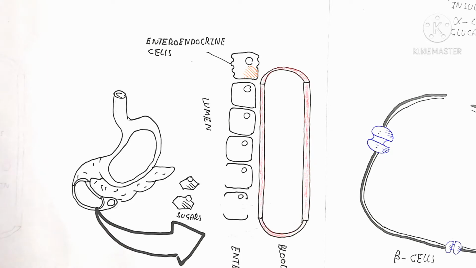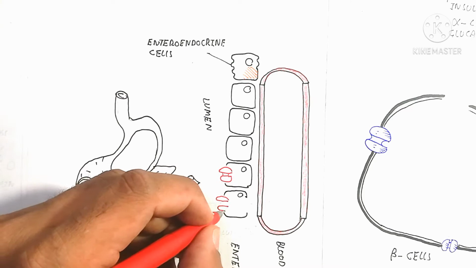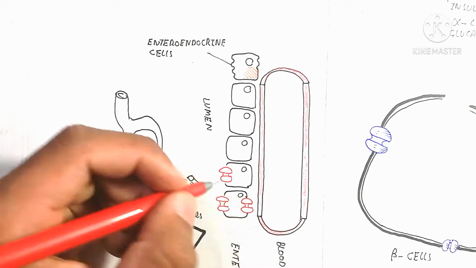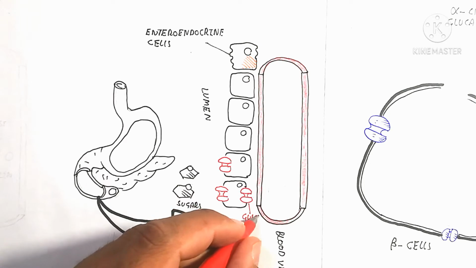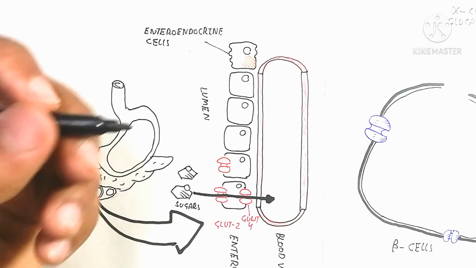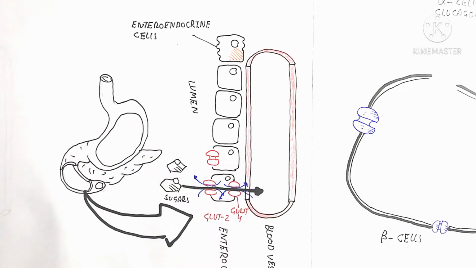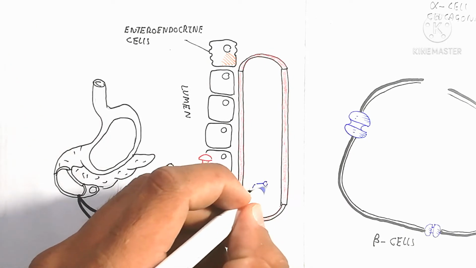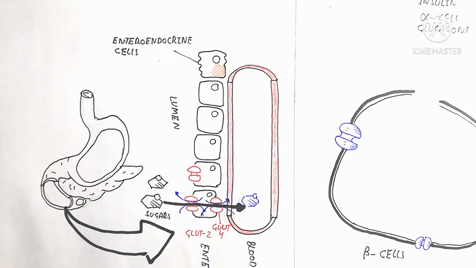So the glucose in the lumen of the duodenum moves inside through the GLUT2 channel to the GLUT4 channel by the exchange of ions. For example, 2 sodium move in to bring the glucose inside the enterocytes, and the sodium-potassium ATPase pump moves it into the blood vessel.